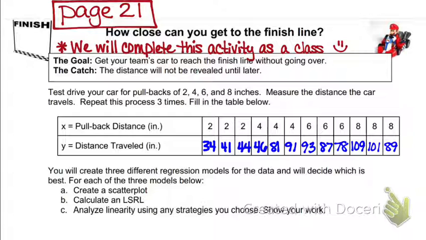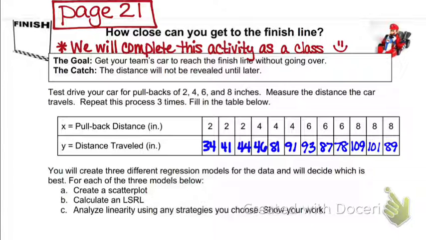All right. So our explanatory variable, what was our explanatory variable? Pullback distance. Is this not working now? Oh no, because it's not plugged in, that would be why. There.